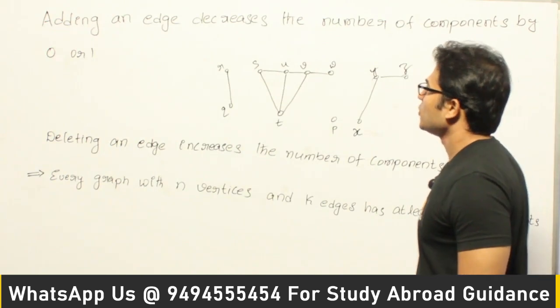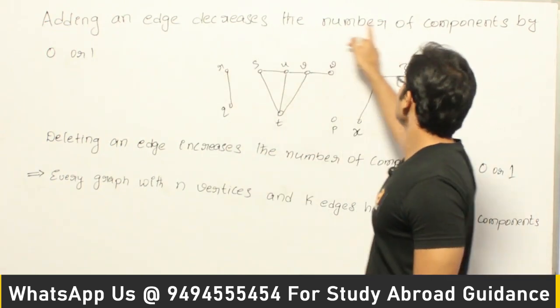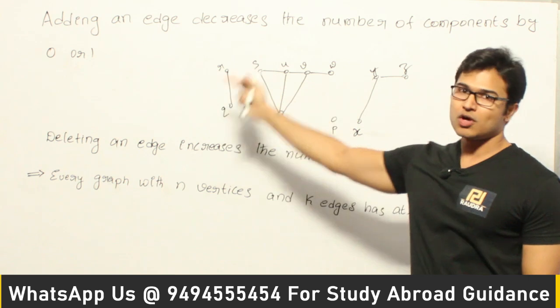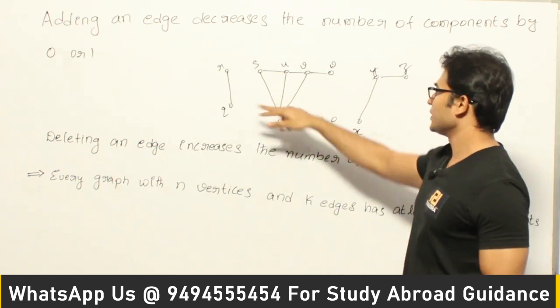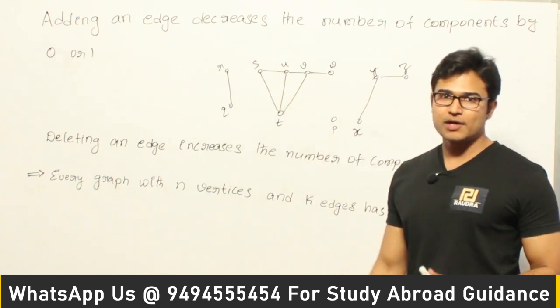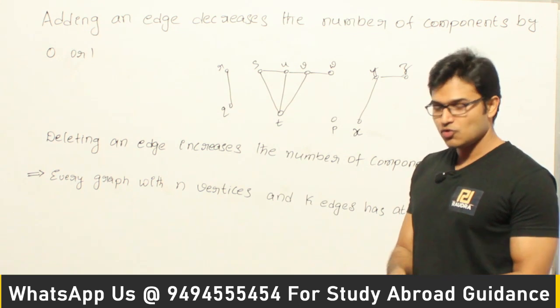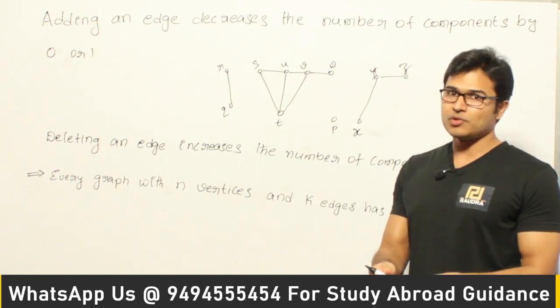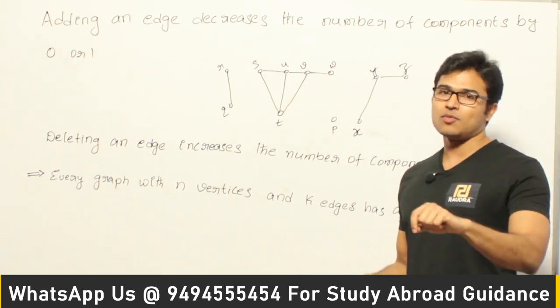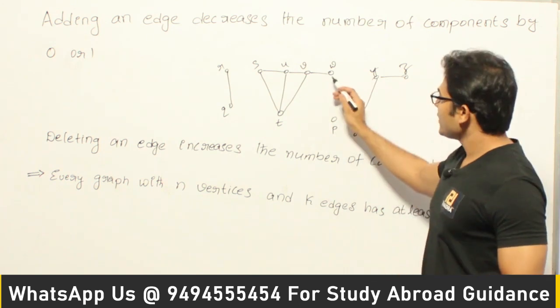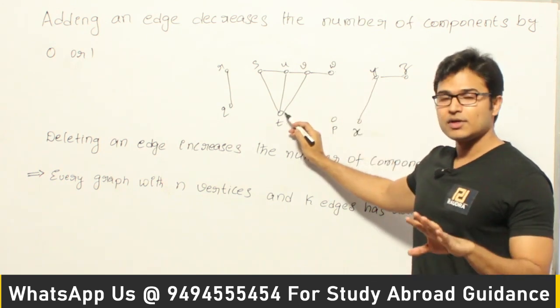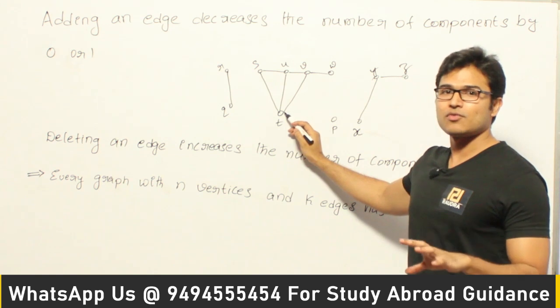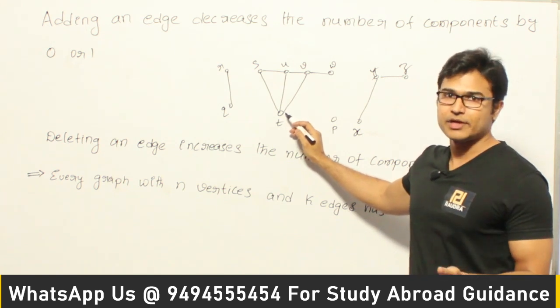Let's see this. Adding an edge decreases the number of components by 0 or 1. So let us assume that this is the graph. Now if you try to add an edge, either you will be adding an edge between two components or adding an edge within a component, right? If you add an edge within a component, the number of components remains the same, right?